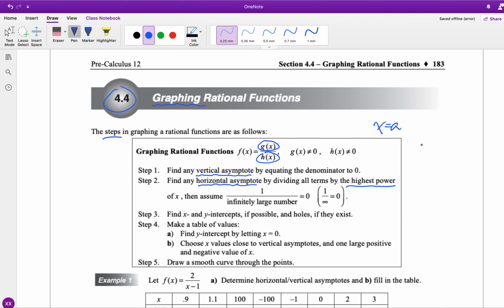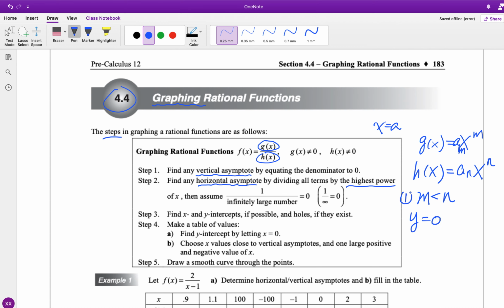What that means, you can also remember: if g(x) has highest power m with coefficient a_m, and h(x) has coefficient a_n and highest power n, then if m is smaller than n, you will have y equals 0. That is your horizontal asymptote.